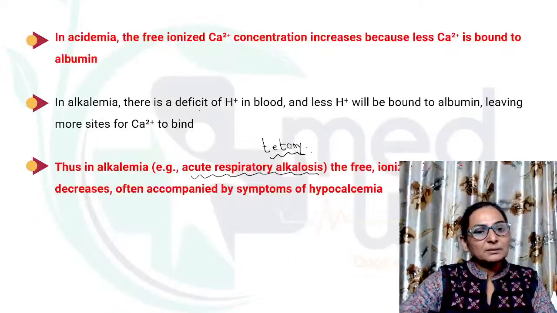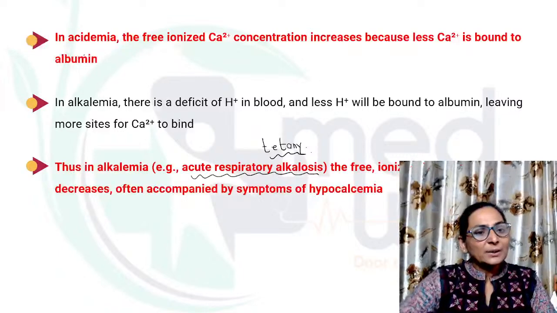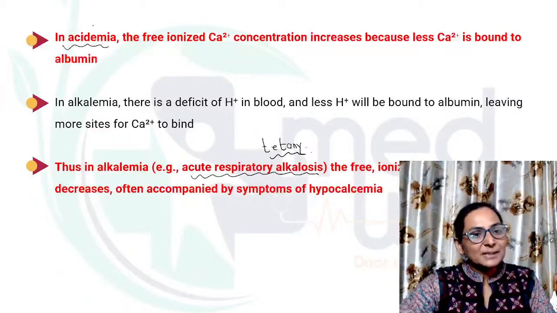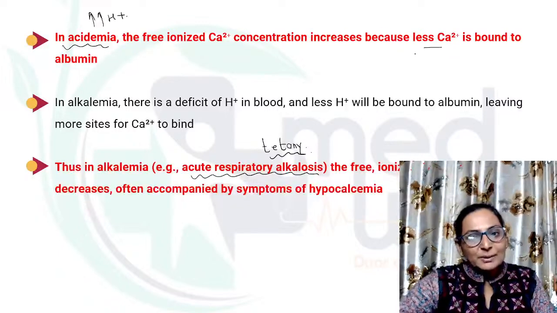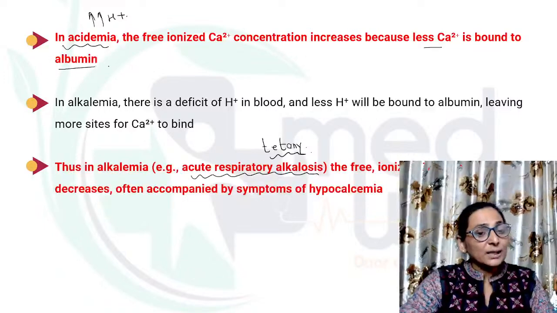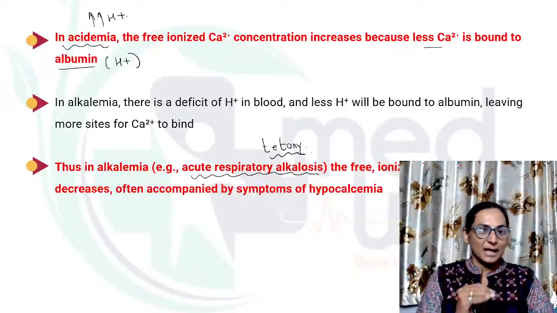So you remember that calcium is bound. Now in acidemia, that means when there is an increase in the level of H plus ions, less calcium is bound to albumin or to the other proteins, especially albumin, because this time the albumin is occupied in buffering the excess of H plus ions.